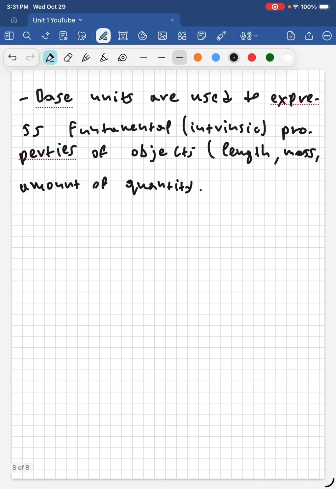Temperature, etc. So these are all fundamental properties of objects, okay? Meaning that they cannot be expressed in terms of the other quantities. So, for example, length cannot be expressed in terms of mass, okay? And length is an intrinsic property. So, for example, my height, which is a length, right, is special to me. I mean, it's an intrinsic quantity, okay?